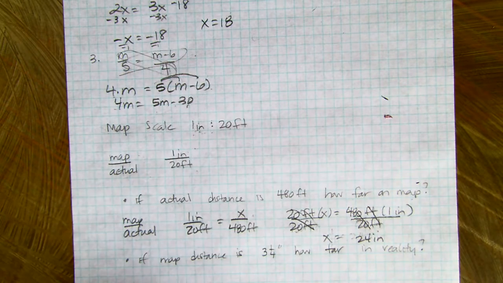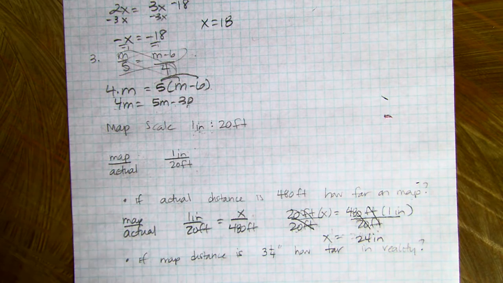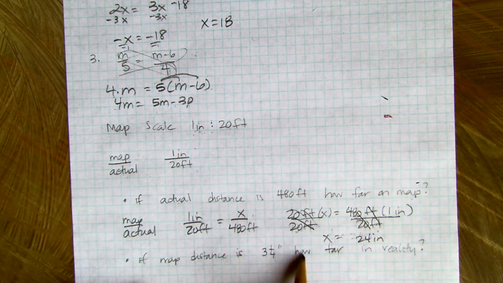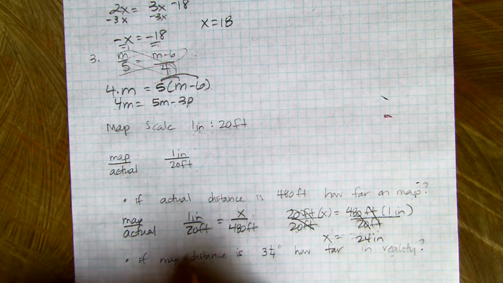Divide 4. I don't know. 24. 480 divided by. Oh. 24 inches. That's 2 feet. That's a big map.